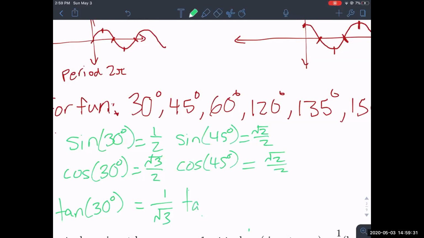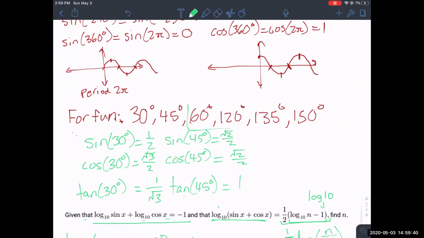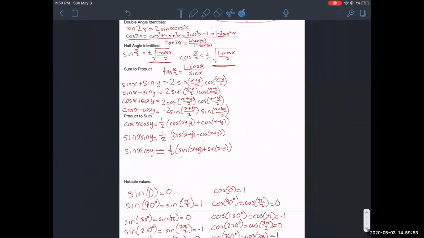And then tangent 45 is just equal to 1. These four I'll leave to be explored. And I guess that's probably it.